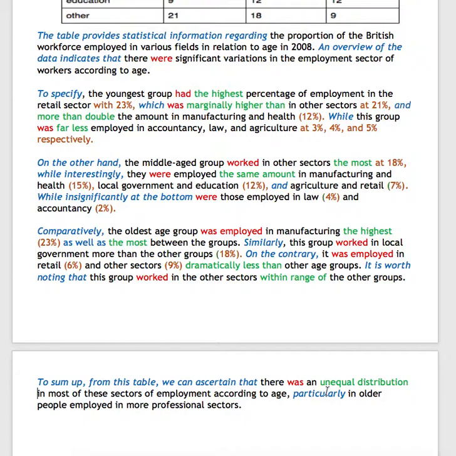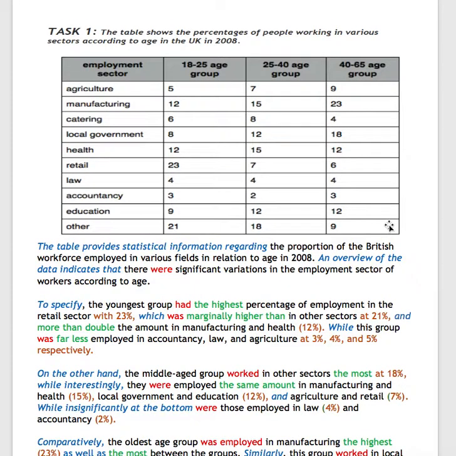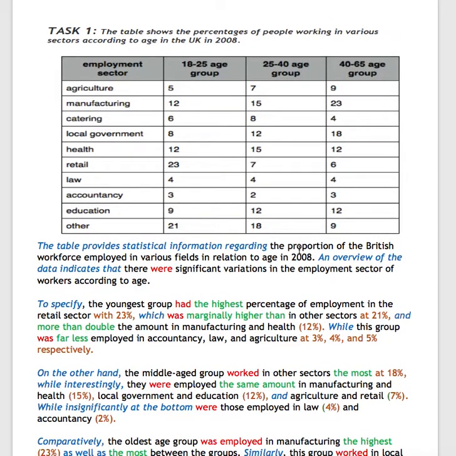Particularly older people were employed in more professional sectors? Really? Let's look. So older people would mean here. Well, agriculture is not really professional. Manufacturing is not really either. Catering is the same. Local government, yes.